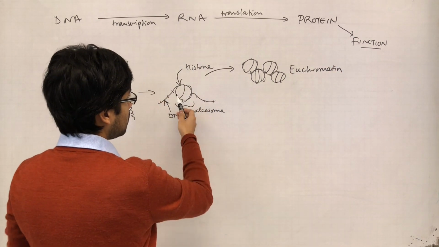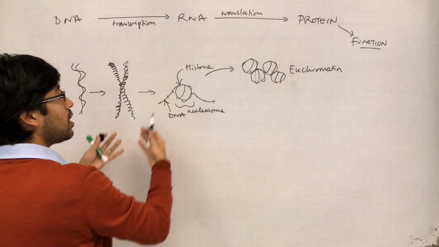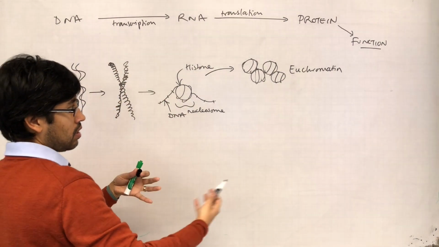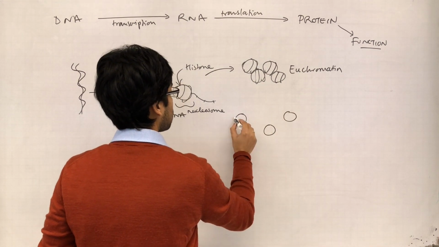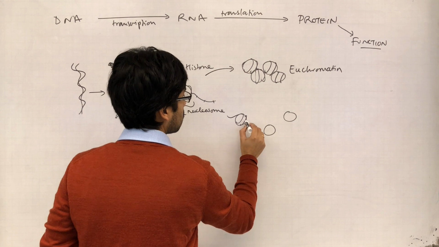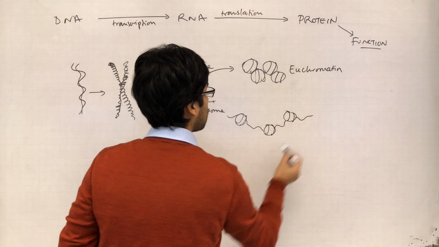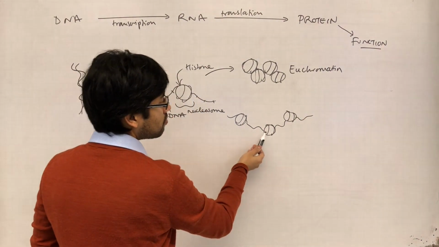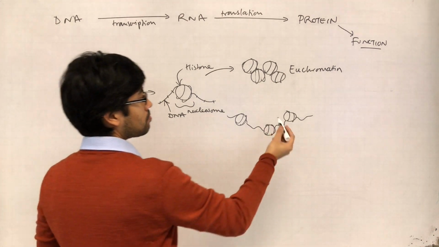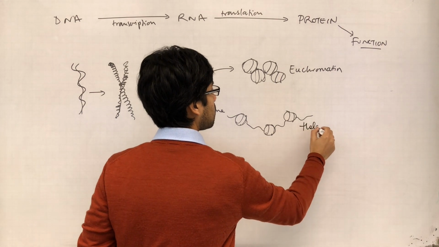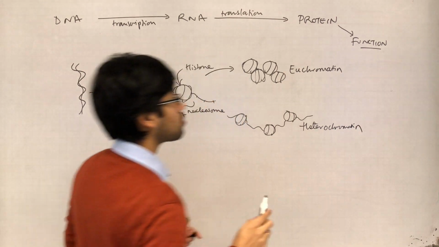However, when the cell is not undergoing replication, DNA tends to be more loosely wrapped around the histones, and it looks a little more like this. There are free regions, a little bit of loose DNA between the parts that are wrapped around the histones, and this is called heterochromatin.